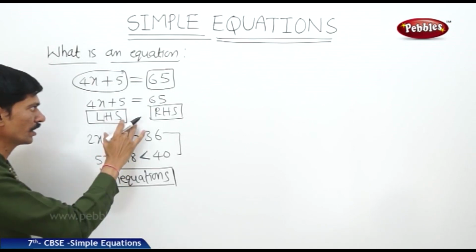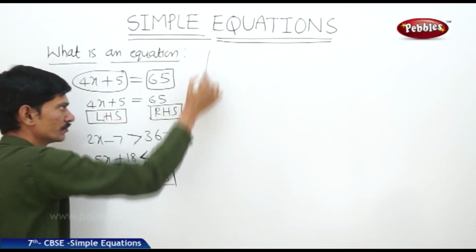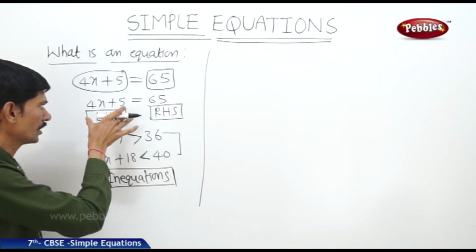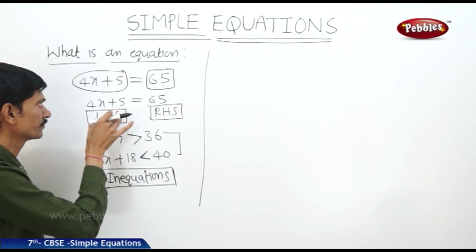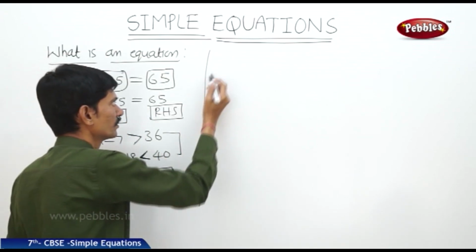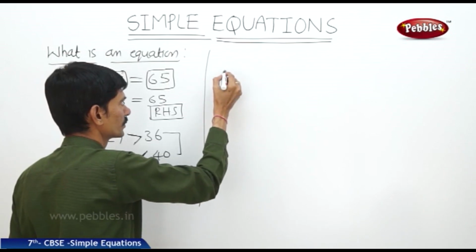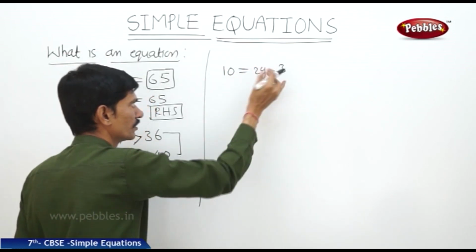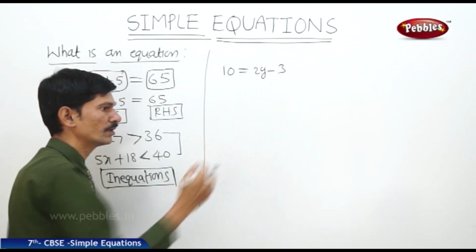Only then is it called an equation. It is not compulsory that only the LHS should consist of a variable x. For example, we may get an equation like 10 equals 2y minus 3. Here the RHS consists of the variable y.